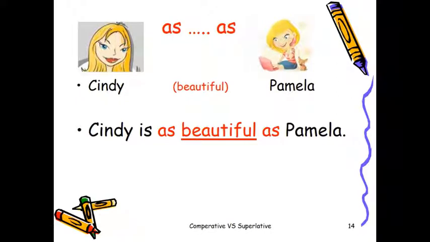Another comparative structure that you are going to learn and to revise as well is as plus adjective plus as, and I provided you with two examples. Cindy is as beautiful as Pamela.